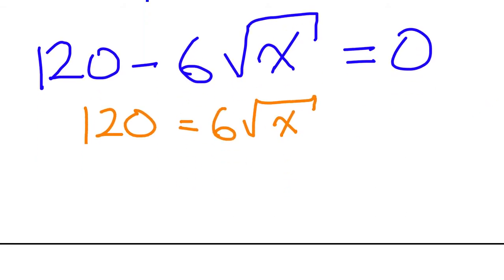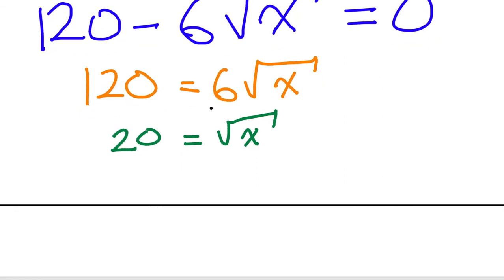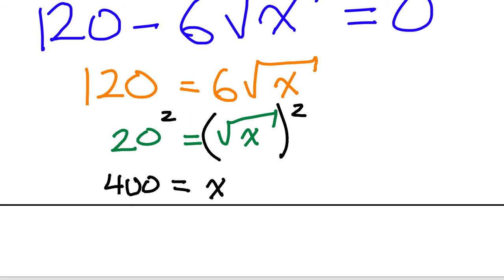Divide both sides by 6, and I get 20 is equal to square root of x. Is that right? No. 100, yeah, okay. Wait, isn't it negative? No. Oh yeah, I added the 6 square root of x on the other side. And then I square both sides. So square that side, and I get 400 is equal to x.